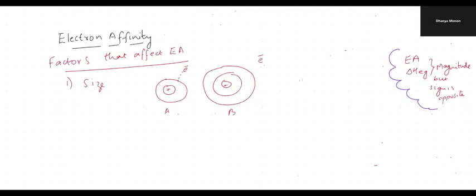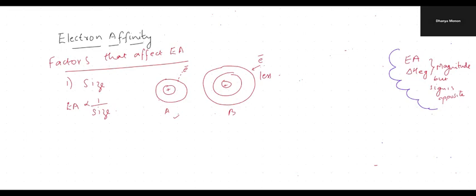So here electron affinity will be less, because the nucleus cannot attract the electrons that much as compared to A. So we can say electron affinity is inversely proportional to the size. This was the same case for ionization energy too, right?